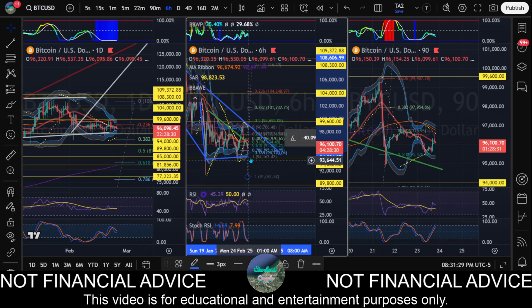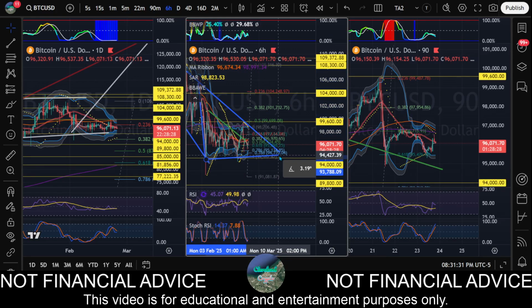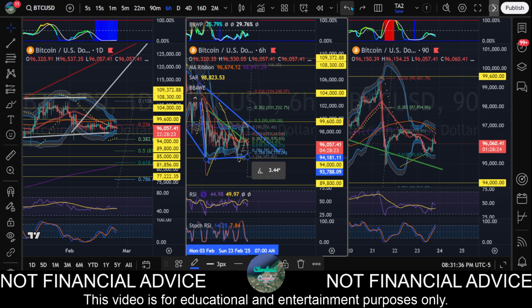If that descending triangle does form, that would be a bearish sign. So we really do want to see the price action get up over 99.6, busting up over that resistance level and out of that descending triangle, because a descending triangle is a downward pattern. It implies that we're going to see downside.